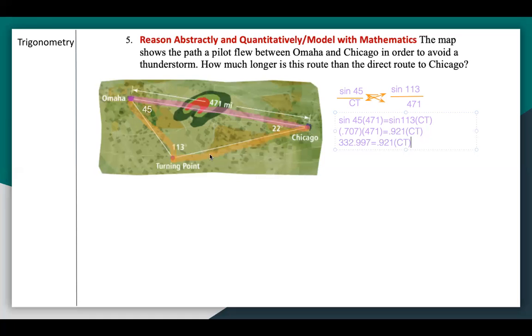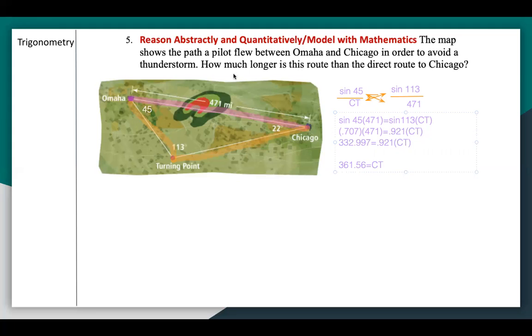At this point, I can find CT, or the Chicago to turning point, the length of this line segment, by dividing by 0.921 here. And so that will give us 361.56 is equal to CT.